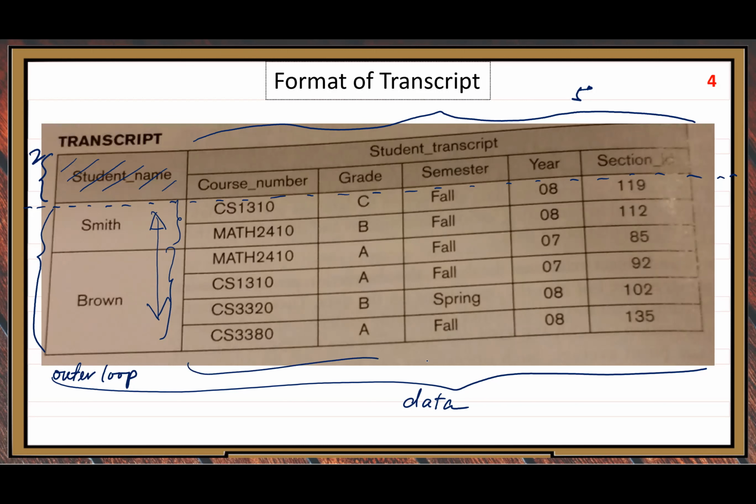You need to do the inner loop. Inner loop, another loop inside the outer loop. Then course by course. Each row, one course, and all the pieces of information for that course.